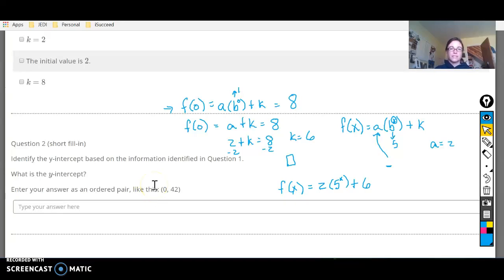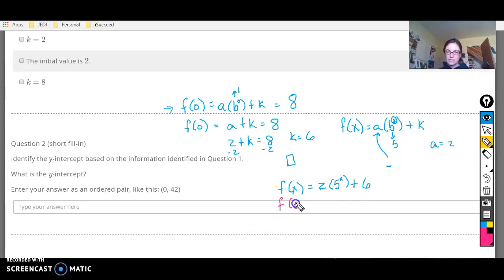Identify the y-intercept based on the information identified in question 1. Well, we know that our initial value is 8, and so our y-intercept happens at our initial value. Our y-intercept happens when x equals 0, and we identified right here that when x is 0, our function is 8. Let's even plug it into this function.